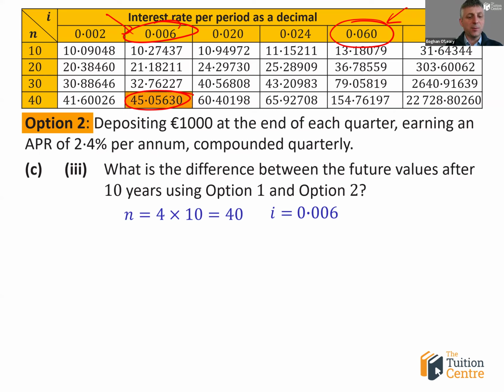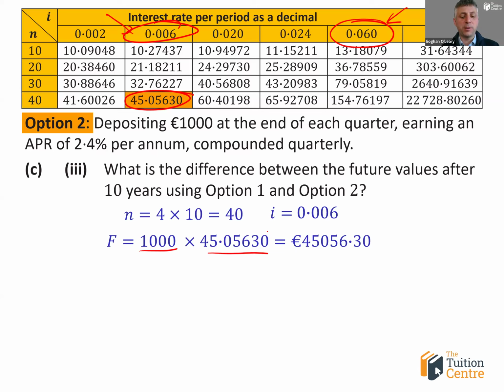So then we're going to say, okay, €1 saved at the end of every period for 40 periods would amount to €45 when you're adding on the interest rate. So in this case, instead of 1, it's €1,000.